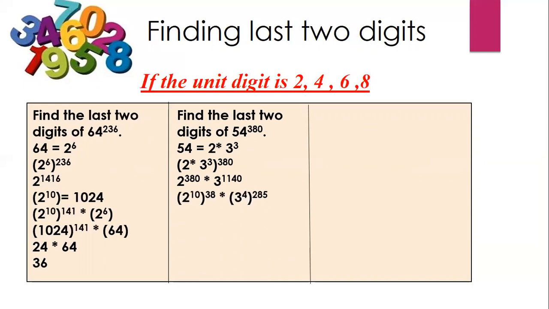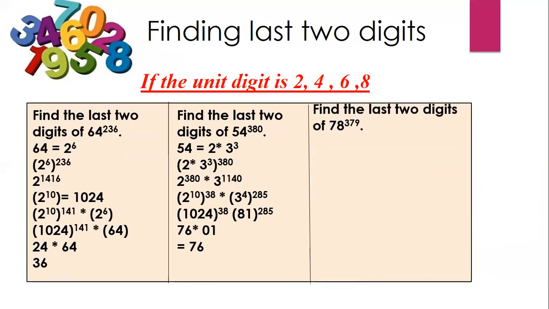We know 3 has a cycle of 4, so we make the unit digit 1: 3 power 4 to the whole power 285. Now 1024 power 38 into 3 power 4, which is 81, 81 power 285. 24 power an even number will be 76, and 81 has unit digit 1. To find the tens digit, just multiply 8 into 5, which is 40. We take only 0, that 0 will be here. So now 76 into 01, it will be 76.